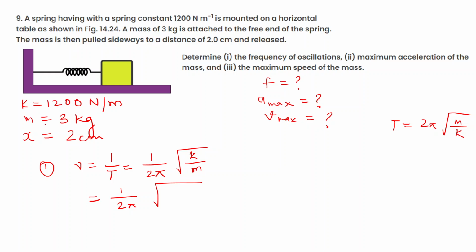When we calculate this, the k value is 1200, the spring constant, and the mass is 3 kg. So when we take the square root of 400, it will be 20 divided by 2 pi, it will be 10 over pi per second, or hertz, because it's frequency.